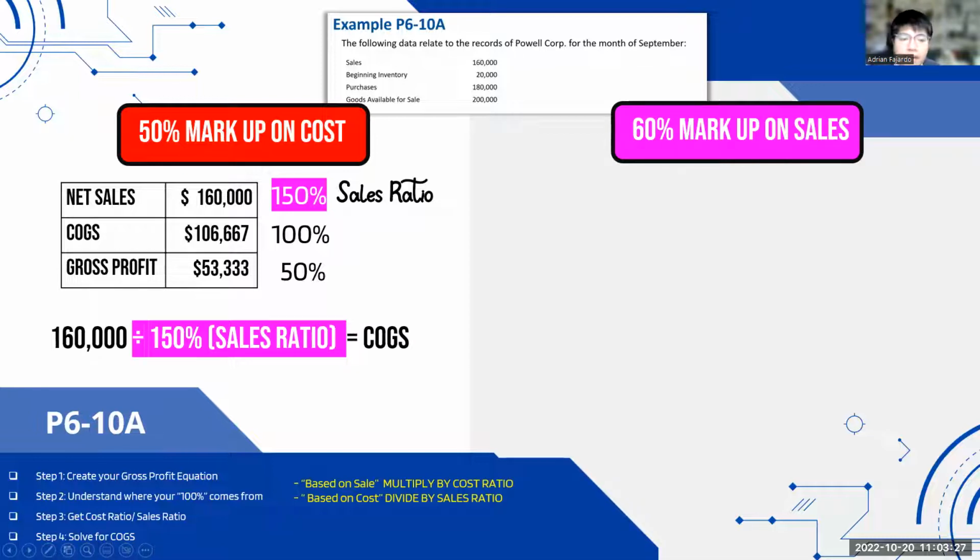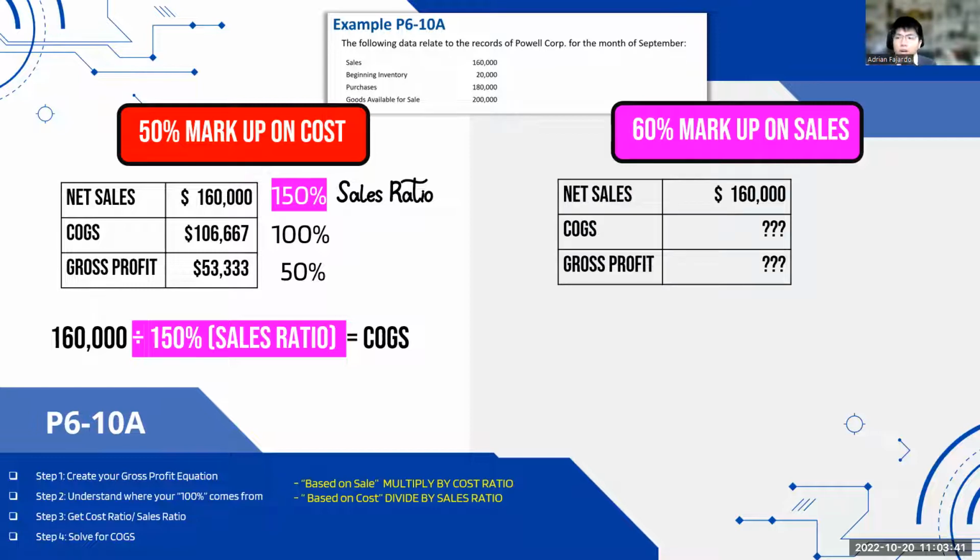Now the markup on sales. So this is based on sales. In the based on sales case, what we want to look for is our cost ratio. So again, step 1, what is our gross profit equation? Again, all we know is net sales.